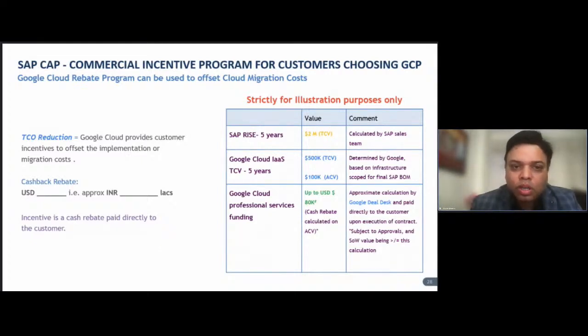And therefore, Google has launched its rebate program, wherein we offer cash directly wire transferred to the organization's bank account if they choose Google Cloud for hosting their SAP. This is very popular with the CFOs and CIOs. This definitely helps in mitigating the huge cash outflow that happens upfront in any SAP project.